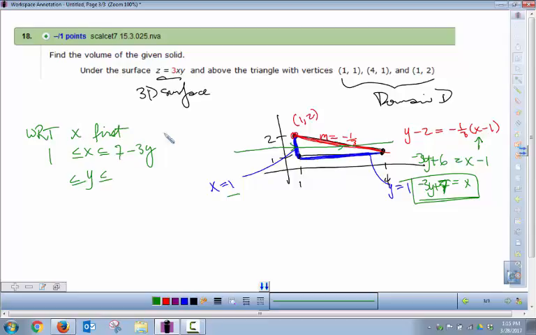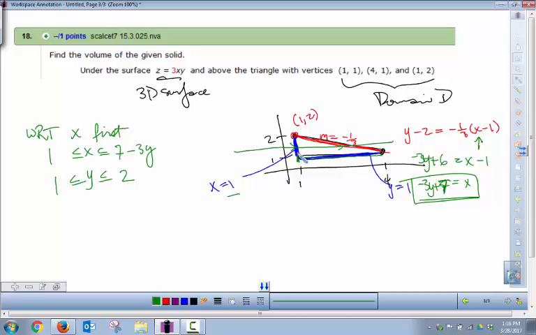And then y goes from where to where? Constants, right? Here we already have our y limits on the y-axis, so that's 1 to 2. Just to remind us of what we're doing, we're going to let y be equal to 1, and then you're going to go from 1 to 4.